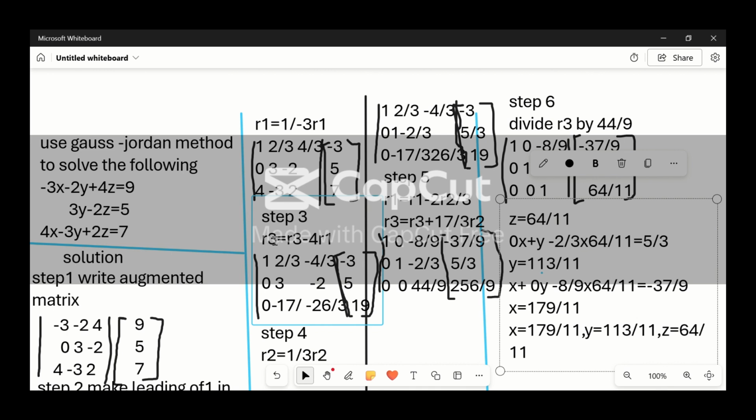Step 4 was making a leading one in the second row. For step 5, we eliminate the entries above and below the leading one in the second row. Step 6 was to divide by 64 out of 11, to make the leading one in the last row, the third row.